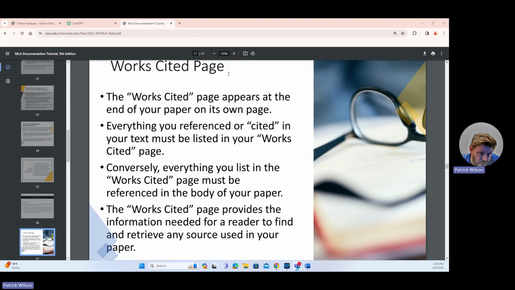Please email me if you have any questions, or if you have any drafts that I can start looking at to make sure that you are quoting, paraphrasing, and summarizing correctly, so you can avoid getting the zero for plagiarism, or just getting a bad grade, period. Just let me know where I can help.